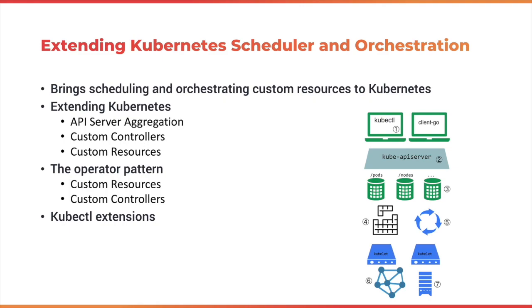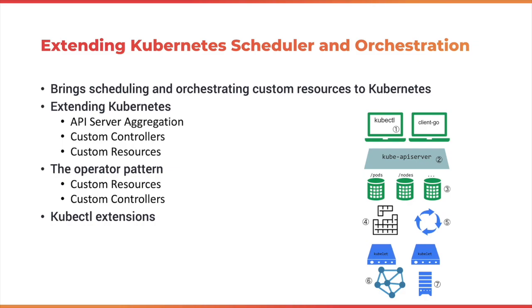Of course, this session is not about doing a deep dive on extensibility of Kubernetes, but at a high level, you can extend Kubernetes by using API server aggregation or by writing custom controllers and custom resource definitions. This will act as a bridge between external resources like an IoT hub in Azure or an RDS database engine in AWS with Kubernetes. Now, connecting the dots between custom controllers and custom resources is the operator pattern.